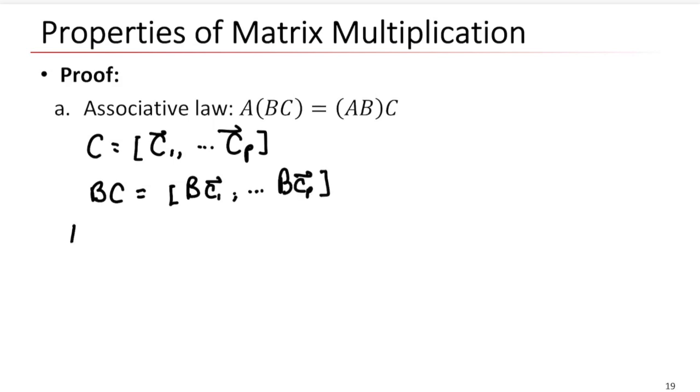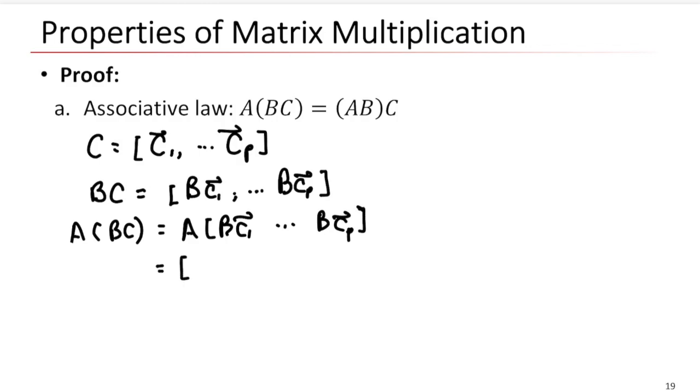Then what is A times BC? It should be something like this: A(Bc1) through A(Bcp), right?